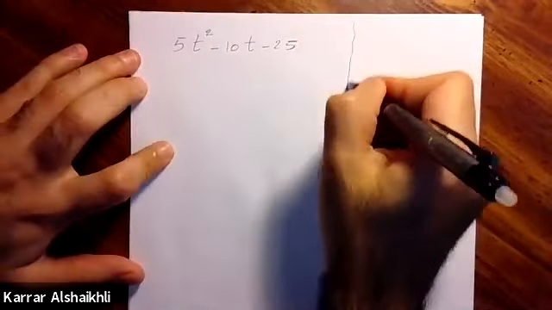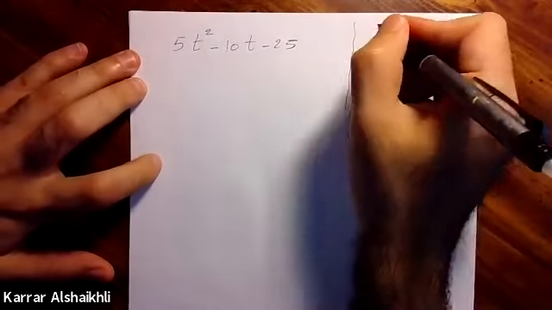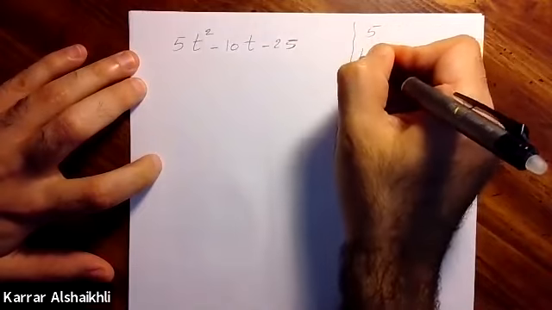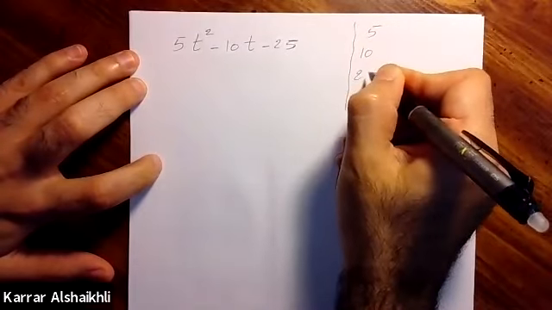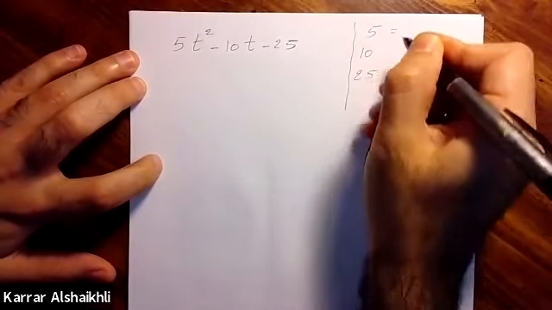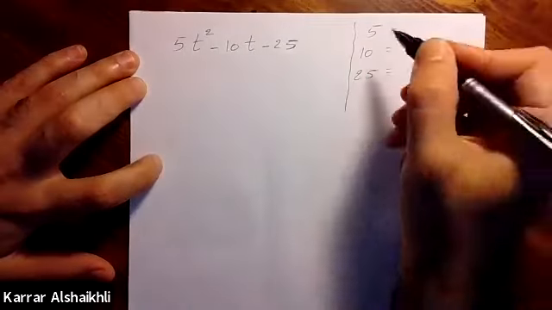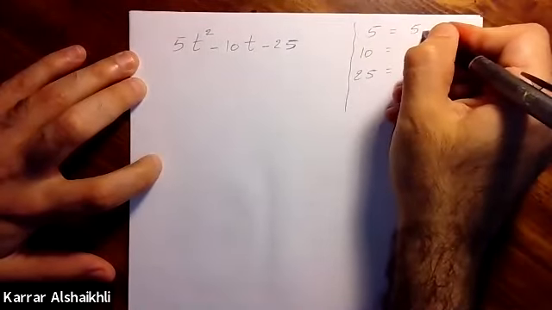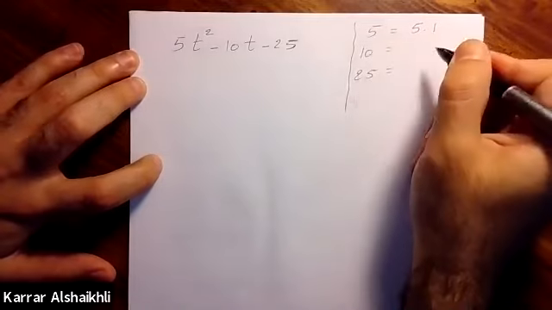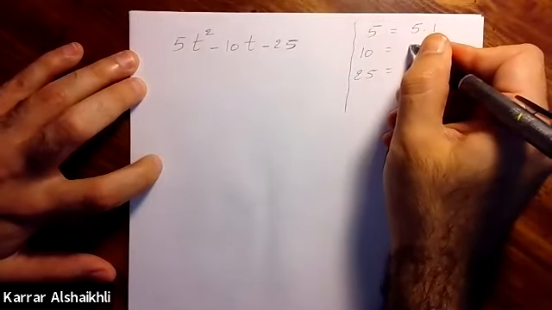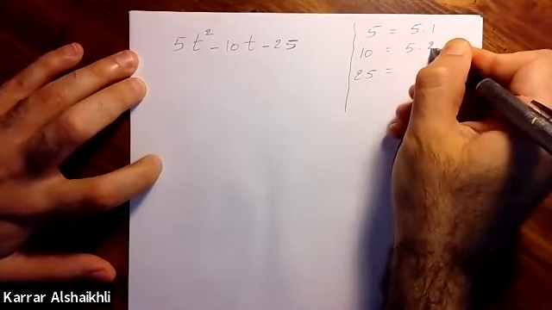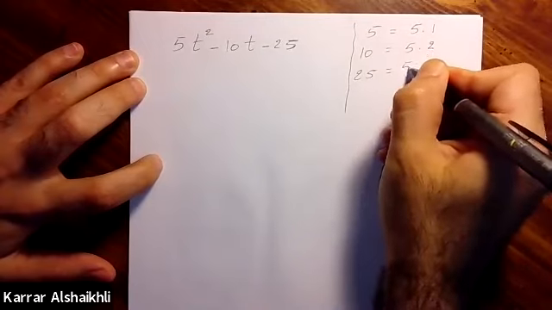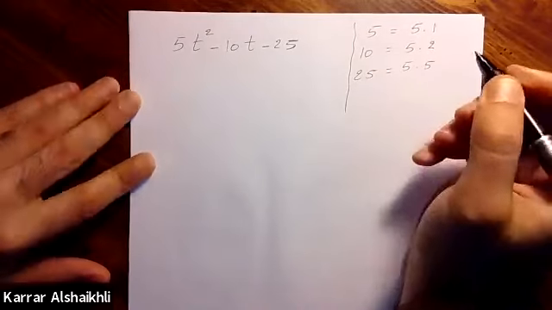I'm going to write down the numbers on the side: 5, 10, and 25. I'm going to start factoring these 3 numbers. 5 is 5 times 1. 10 is 5 times 2. 25 is 5 times 5.